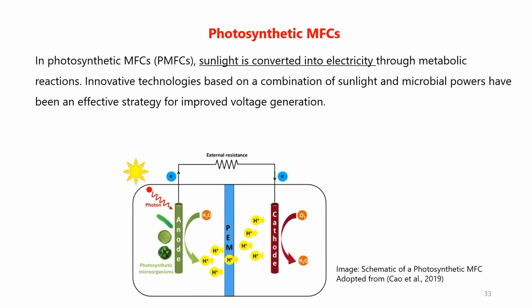So, here this is a schematic of a photosynthetic MFC. Sunlight is the source of the energy over here, and you can see in this anode different types of photosynthetic organisms are allowed to grow, which break down water into protons, which are transported across the membrane into the cathode, where the incoming electrons, which were produced in the anode and transferred through the external circuit, are utilized in the conversion of oxygen into water.